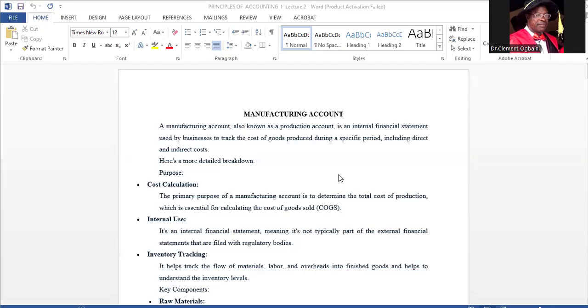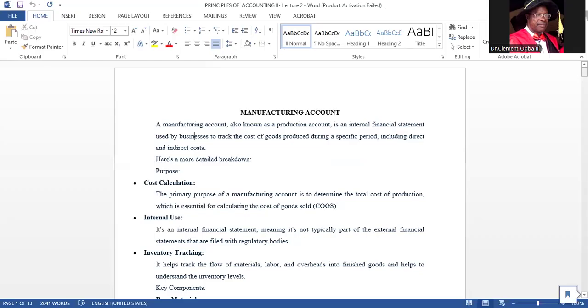Now, in manufacturing account, there are certain things that we need to have in mind. One, what is the purpose of carrying out a manufacturing account? The first purpose is to calculate the cost of goods sold.